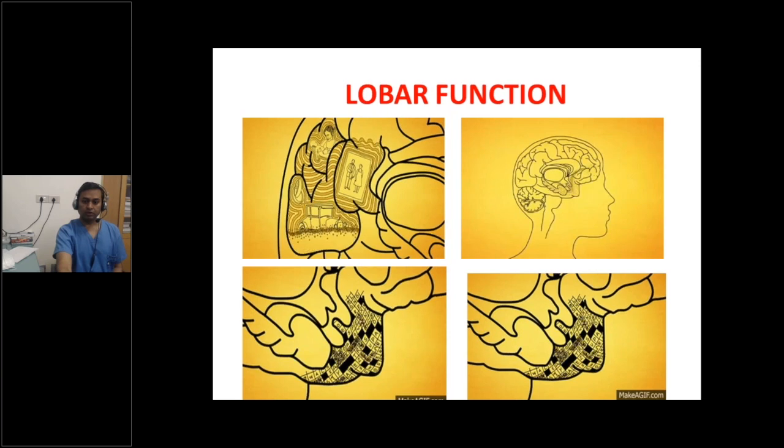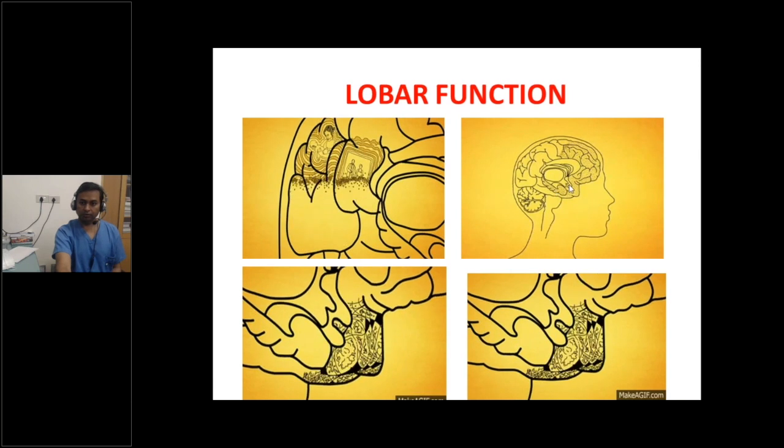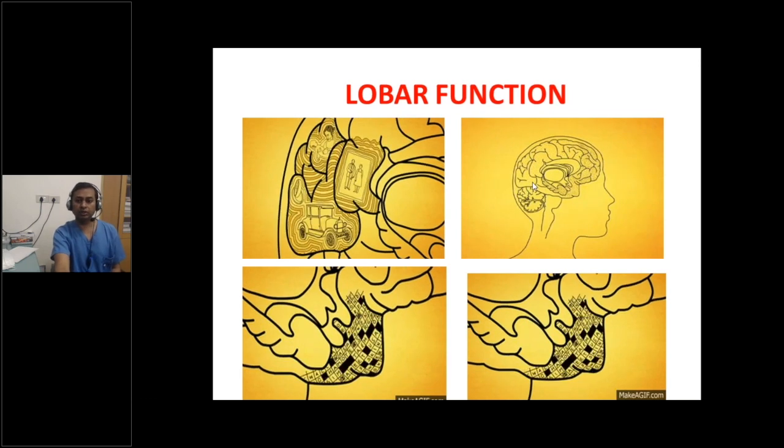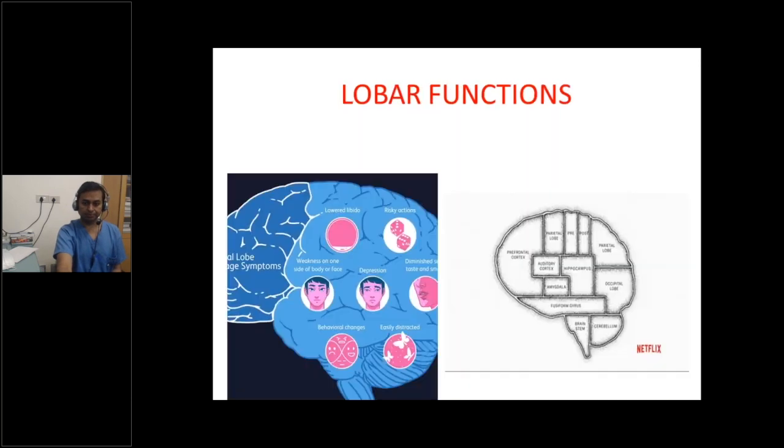So what about the lobe functions? If you see this, the parietal lobe is for how to identify an object. Then there is a temporal lobe, which is mainly for calculations and numbers, and the Sudoku-like system, which is controlled by the temporal lobe. And the other processing is like the amygdala going to the frontal cortex, prefrontal cortex, then parietal lobe, then occipital lobe, and all integration through association fibers and corpus callosum.